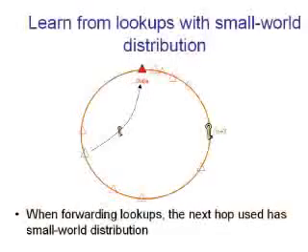Yes. So here, just as Donegan says, you notice that when you forward lookups and when lookups are uniformly random, you are going to pretty much use a random node from your routing table. And the random next hop you use, since it comes from your routing table, is going to have a small world distribution. So you look at the source and destination of the lookup.